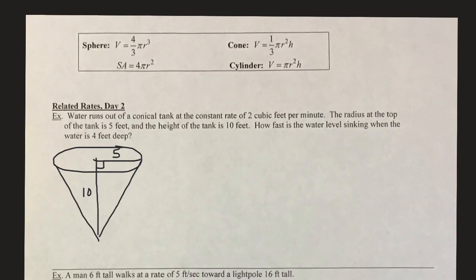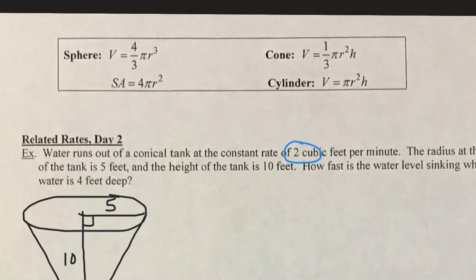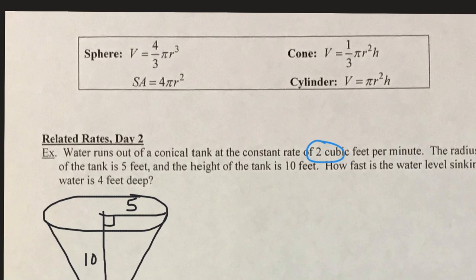And water is running out. So let's go ahead and we'll put a spout and the water's running out down here, making a nice puddle on the ground. There we go. Water's running out. We know the rate. So if water is running out, what is changing? The volume. The volume is what's changing. We are given volume.